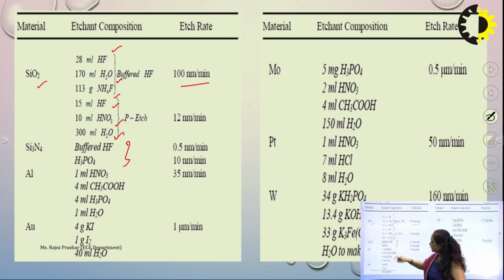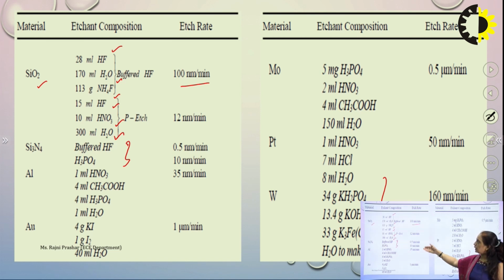These two are the etchant solutions, and for aluminium, all these will be used as etchant solutions. Similarly, we have a list for tungsten: water molecules, KH2PO4, KOH, K3Fe(CN)6. From this slide we can observe that we have different etchant compositions so that we can etch different materials, and with each composition the etching rates will be different.